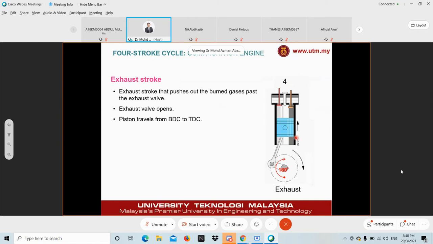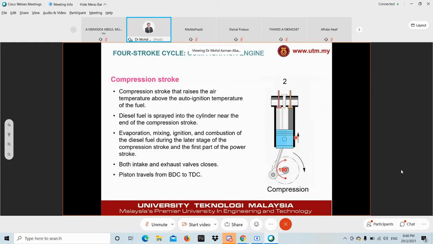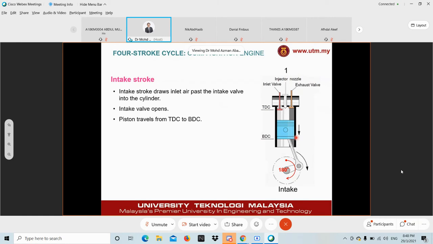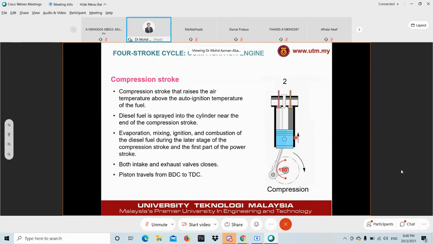So the differences between the SI and the CI, and I'm just highlighting the main ones, are, first, there's no spark plug. Second, it relies on self-ignition temperature.